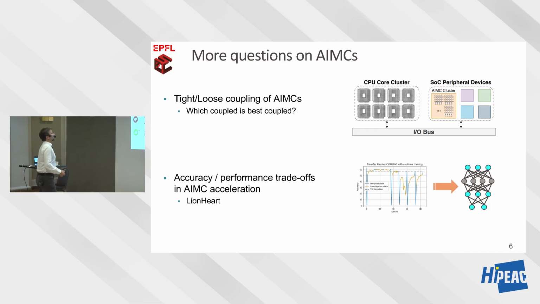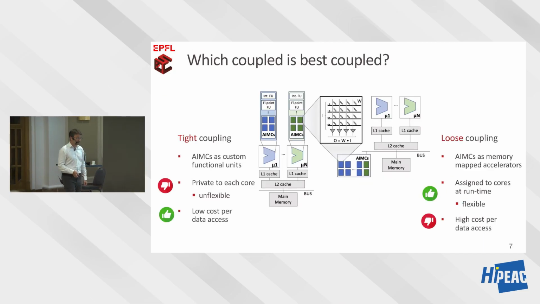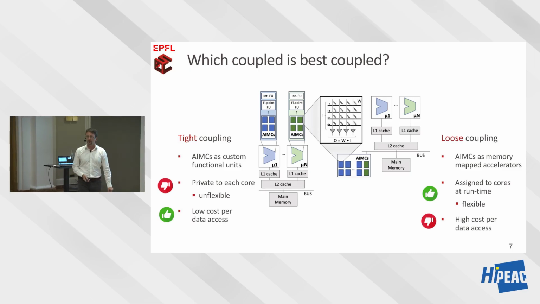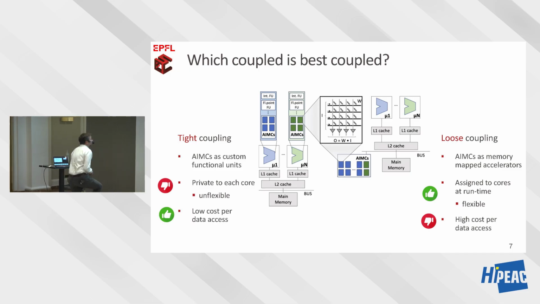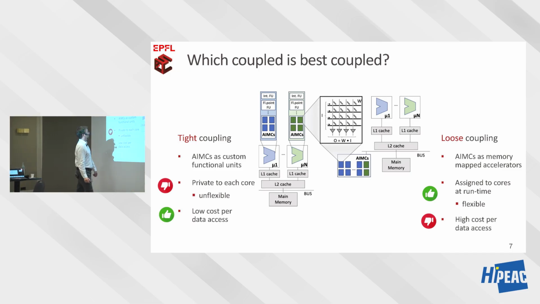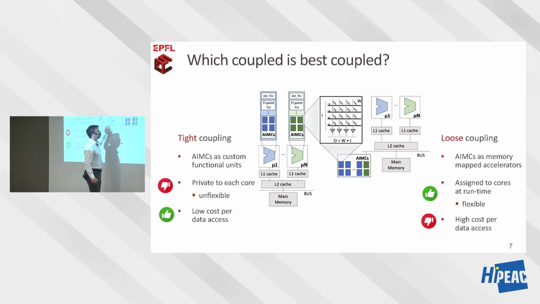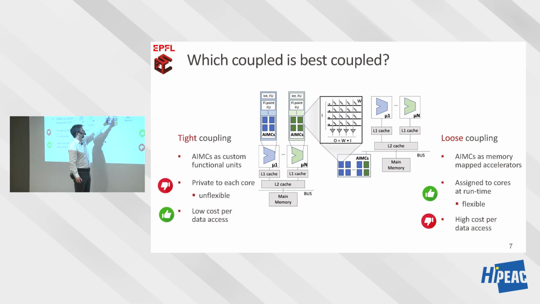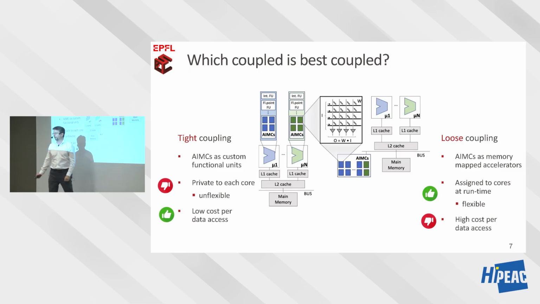First question, which coupling is best? A paper which was accepted 2 days ago in Transactions on Parallel and Distributed Systems. Our comparison is between tight coupling custom functional units versus loose coupling memory mapped accelerators, which I can dynamically assign to different processors.